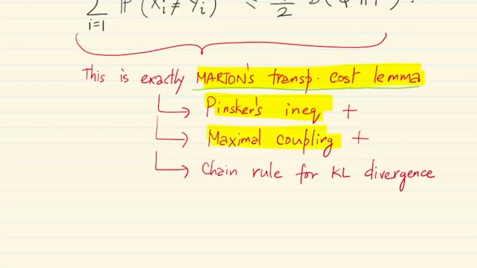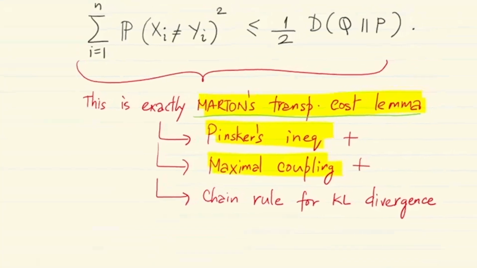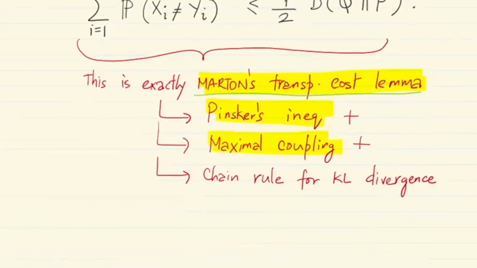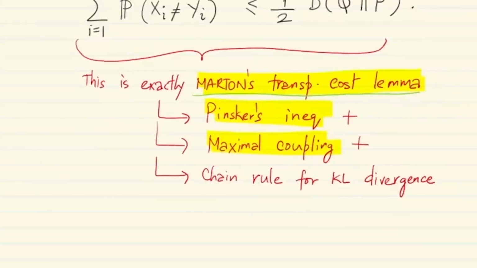Okay, and to extend it from n equal to 1 to general n, we used an induction argument, at the heart of which was the chain rule for KL divergence.